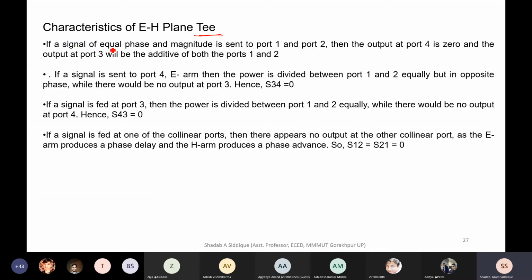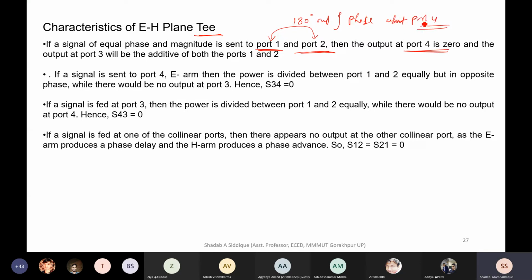So if a signal of equal phase and magnitude is sent to port 1 and port 2, so magnitude is equal and phase is also equal, then the output at port 4 will be 0. Okay, because port 4 is called a difference port, because port 1 and port 2 are 180° out of phase about port 4.